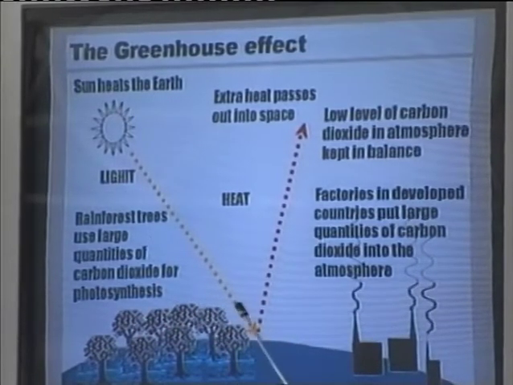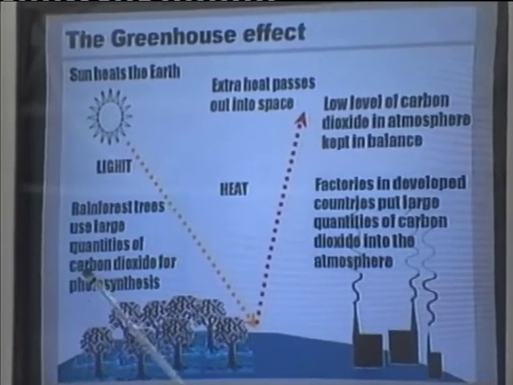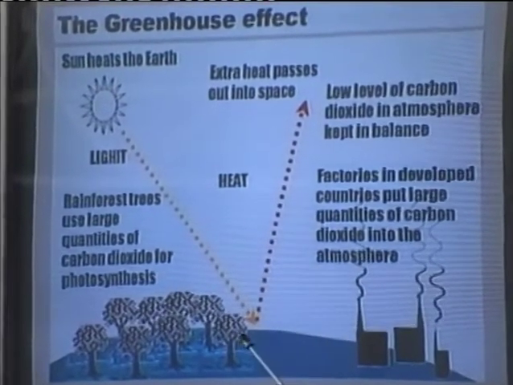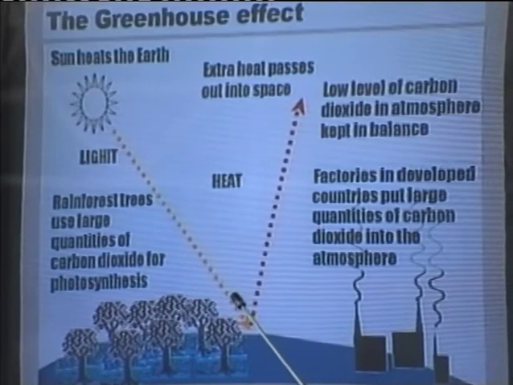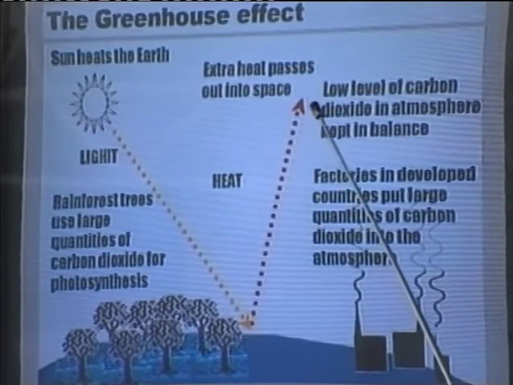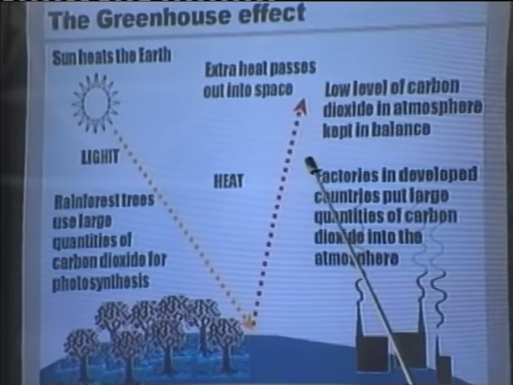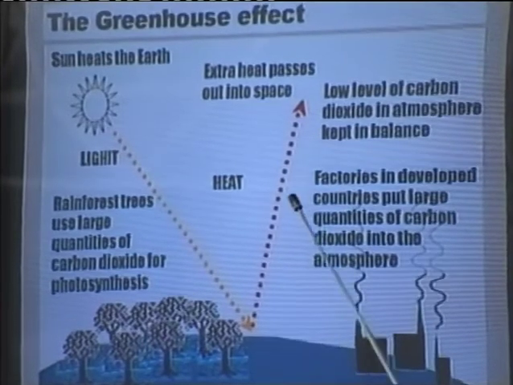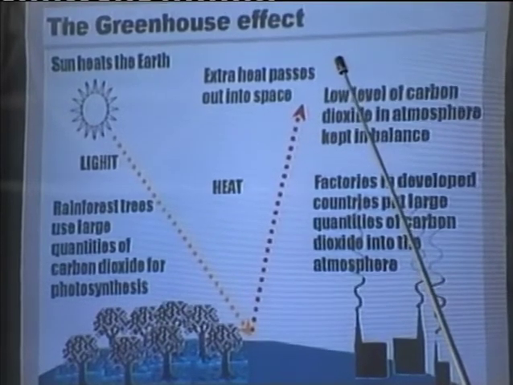The sun heats up the surface. Trees, plants, and rainforests use large amounts of the carbon dioxide for photosynthesis. Then the heat from the sun gets radiated back into space. Because there is a low level of carbon dioxide, not all of that heat is trapped within. The heat is balanced as it passes back out into outer space.